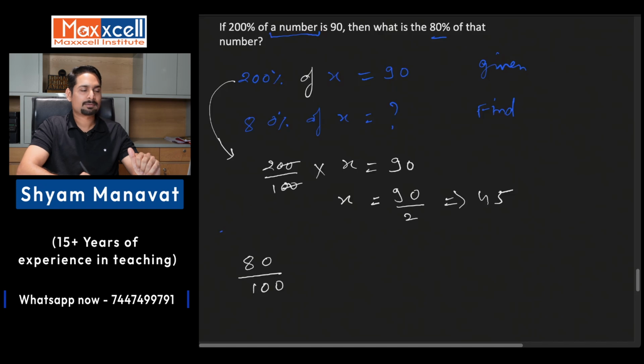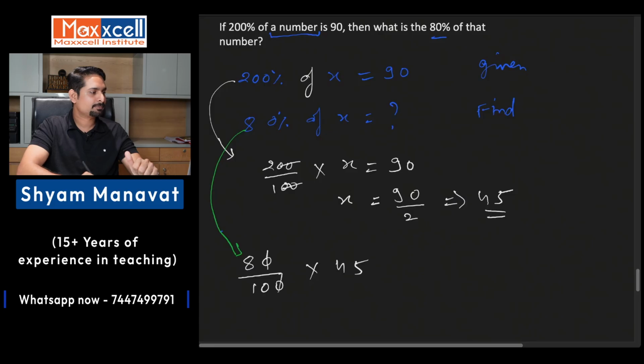So this will get me 80% of x. What am I simplifying here? This equation, right? x, which we already know. What is x now? 45. What is that number now, which we assumed to be x? 45.